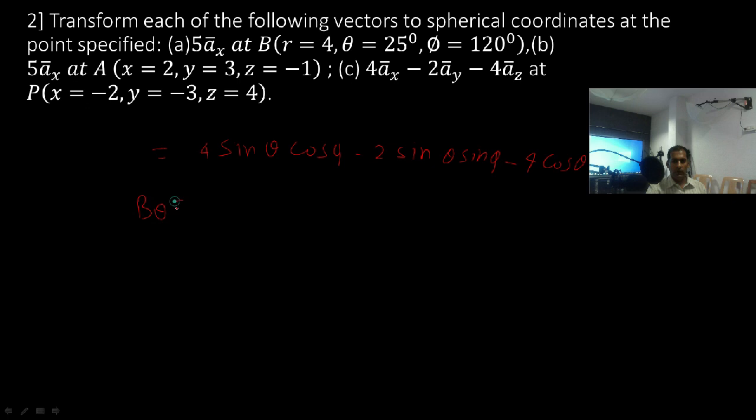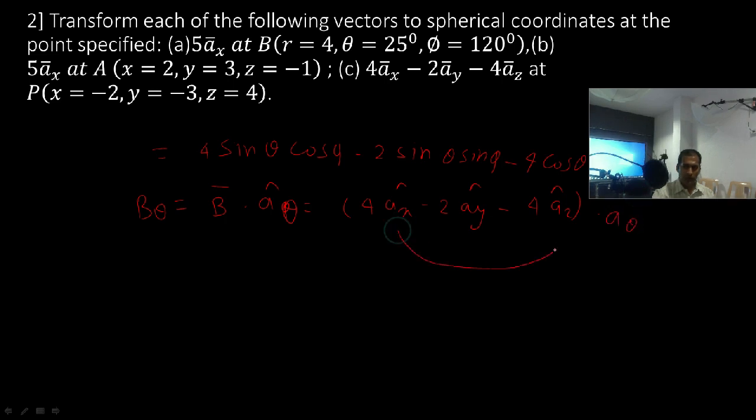Similarly, we can calculate B theta. B theta will be equal to magnitude into direction. Again, the same way, we have 4ax cap minus 2ay cap minus 4az cap into direction A theta cap.